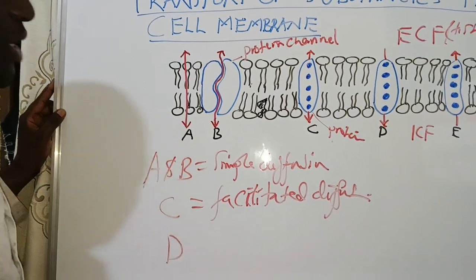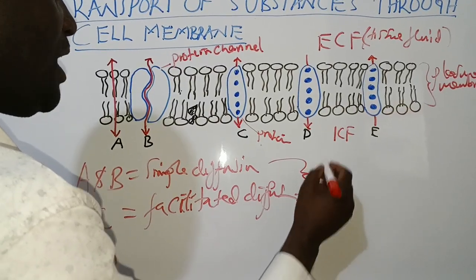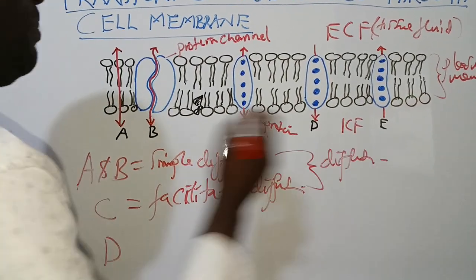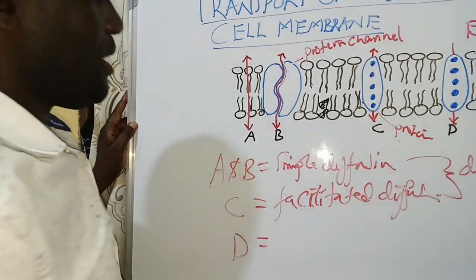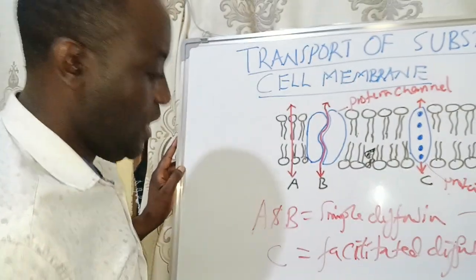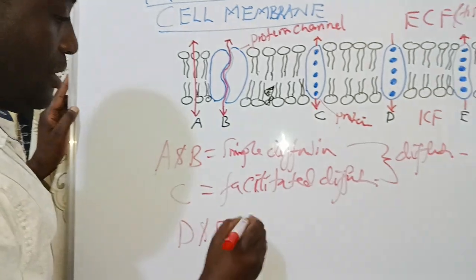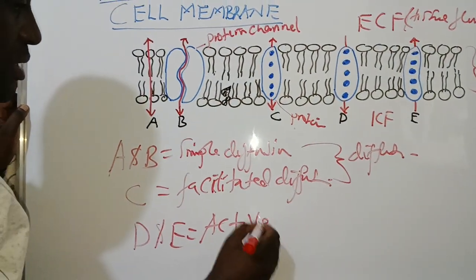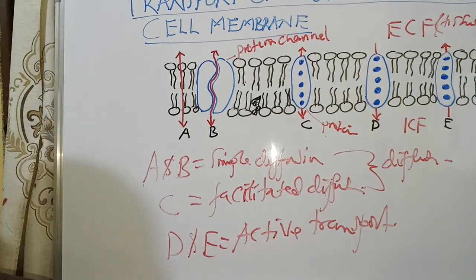Category D. Now, we have agreed that A, B, and C, all of them belong to a category of transport called diffusion. Category D is one way. Being one way, let's combine D and E. All those belong to what we call active transport.